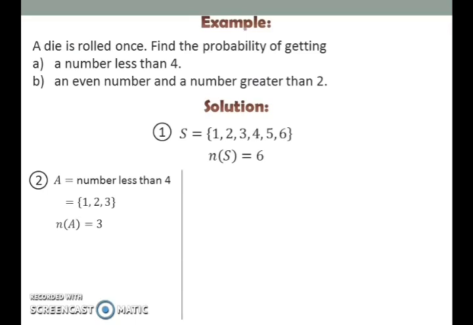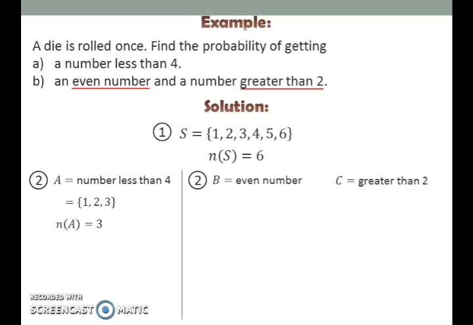The second probability that we want to find is the probability of getting an even number and a number greater than 2. There are 2 events here. The first one is getting an even number and the second one is getting a number greater than 2. So define an event B to be the event of getting an even number and an event C to be the event of getting a number greater than 2.